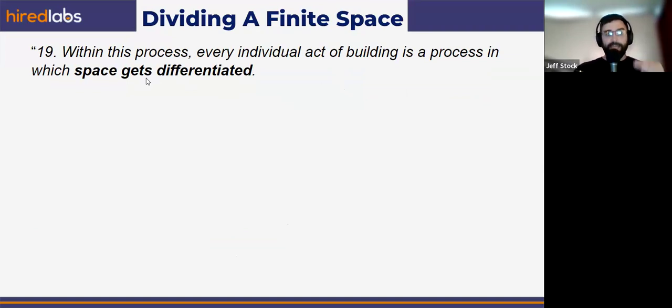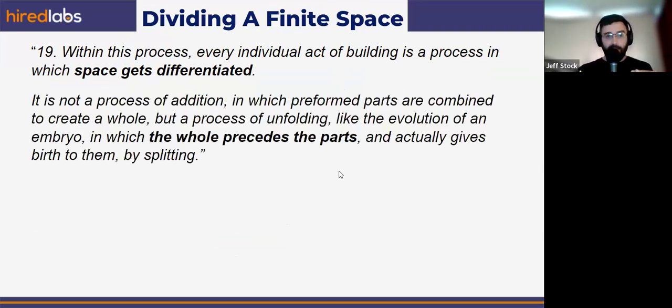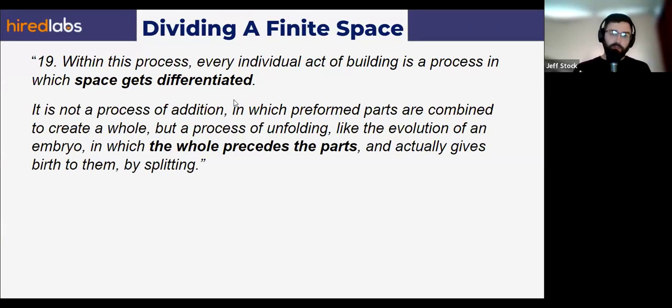It's not adding things on the outside. There is a whole that exists before the parts do. When you design your whole, in his case a building or a town, but in our case software, there is a whole space that you're going to be splitting up and making into other parts.